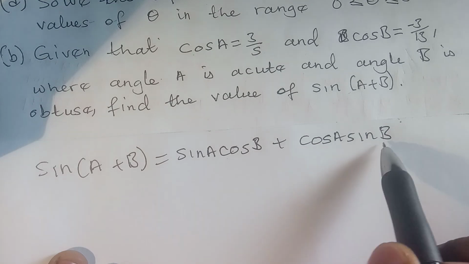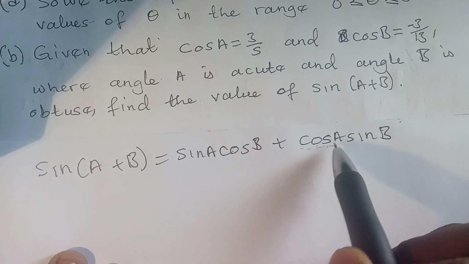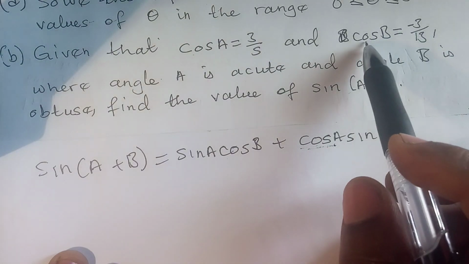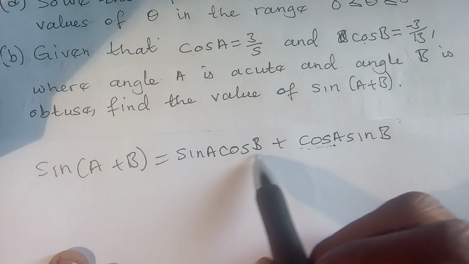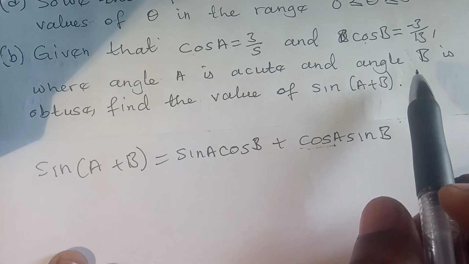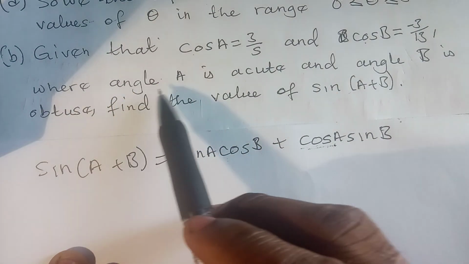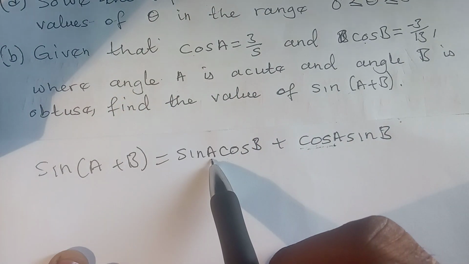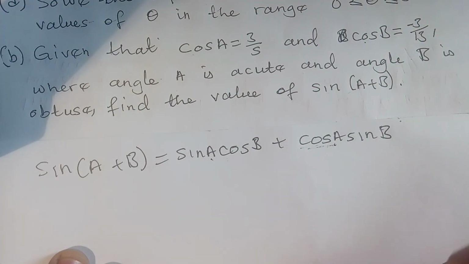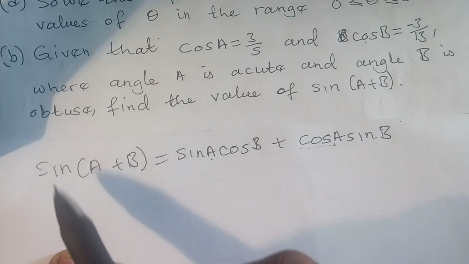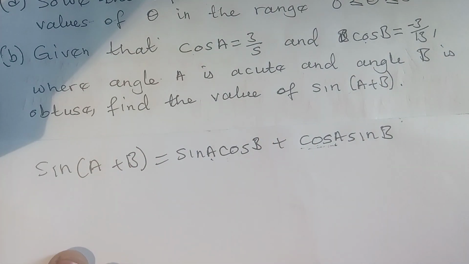And cos B is negative 3 over 13. Angle A is acute, meaning that it's between 0 and 90 degrees. And angle B is obtuse, meaning that it is somewhere between 90 and 180 degrees.